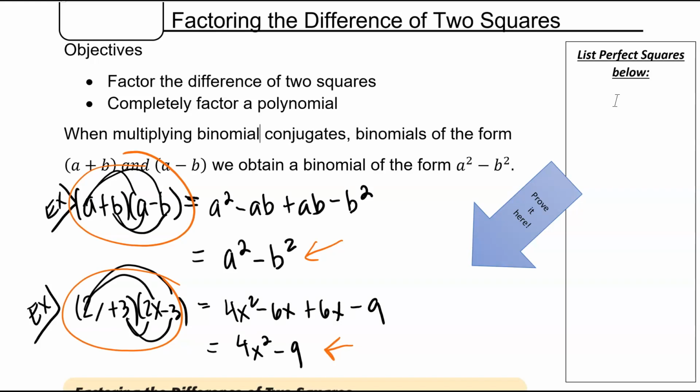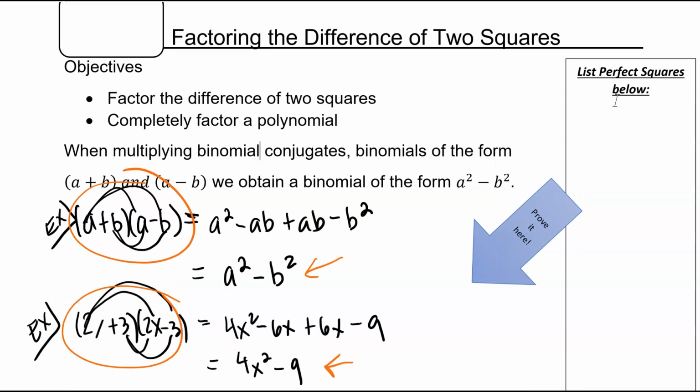I didn't mention that this is the second section of chapter 5. So this is 5.2. But let's go over the list of perfect squares.